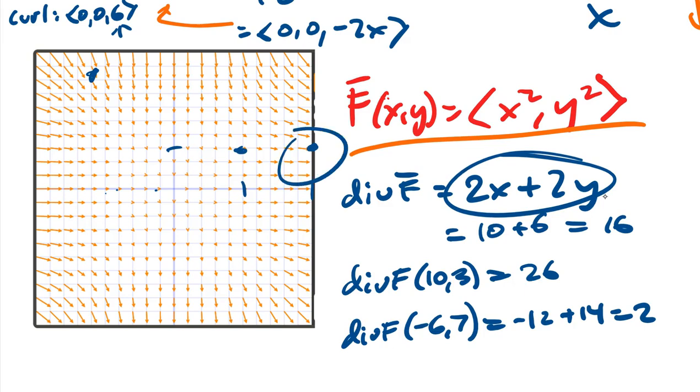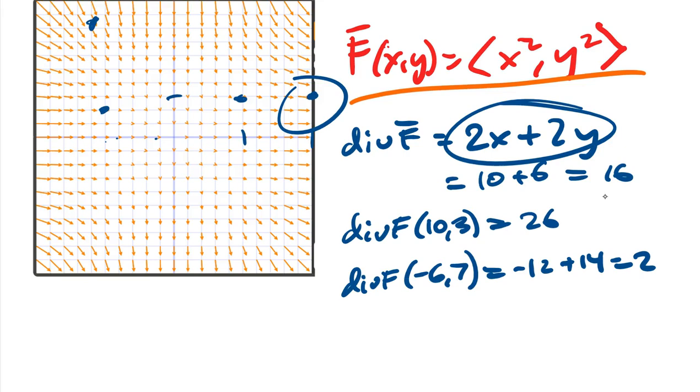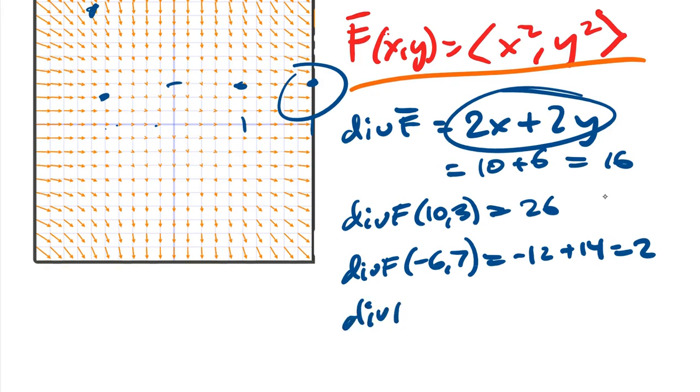Now let's pick something that's closer in, like here at -5, comma 2. The divergence of f at -5, comma 2, that'd be -10 plus 4, which is -6.